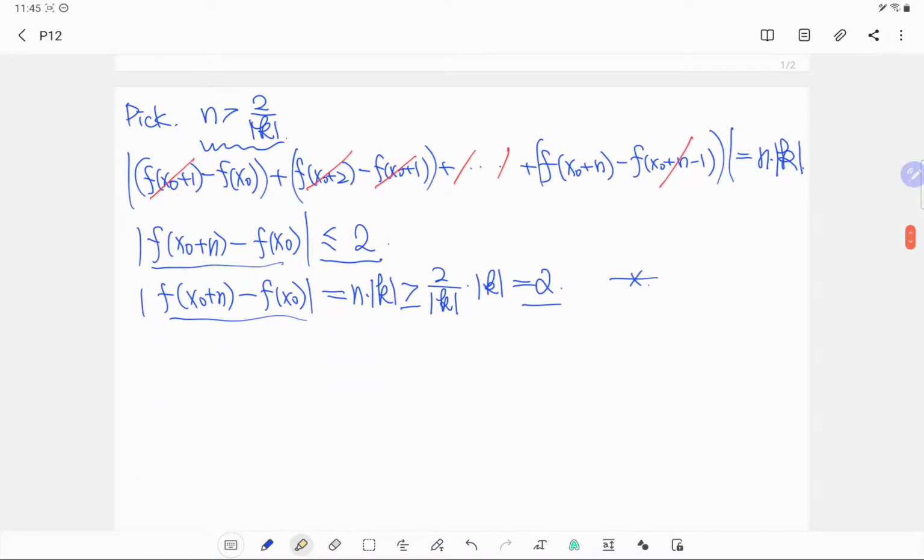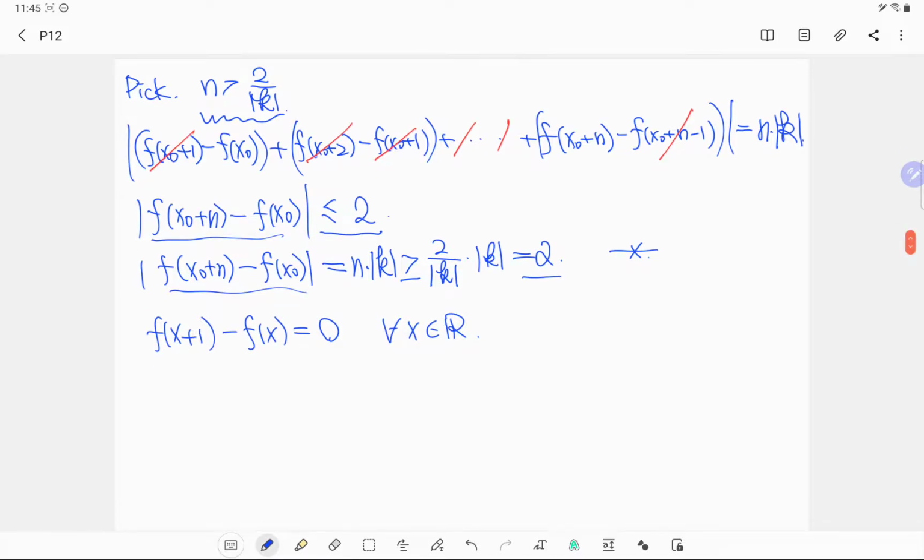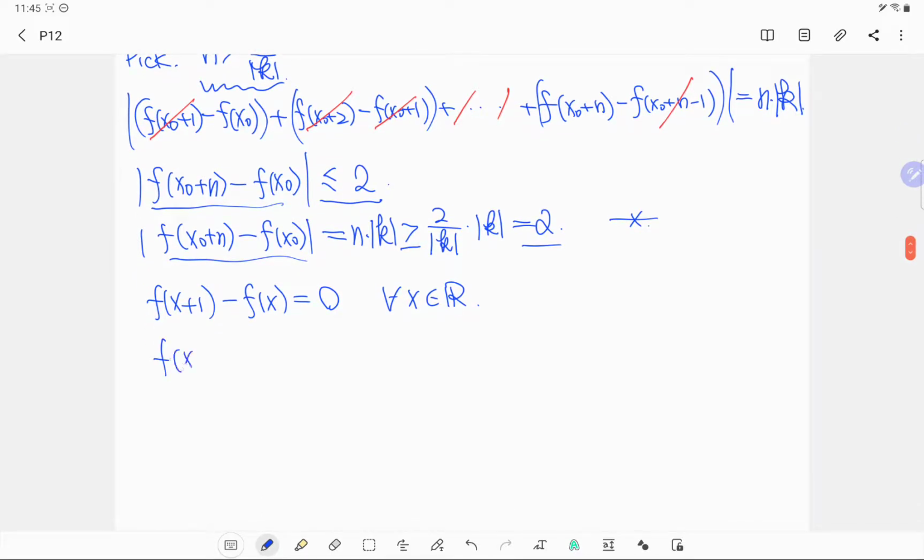In other words, f of x plus 1 minus f of x equals 0 for all real numbers x. In this case, we have f of x plus 1 equals f of x, which means that f is periodic.